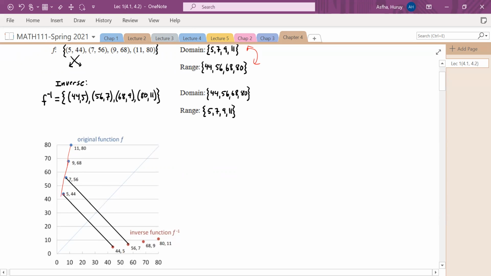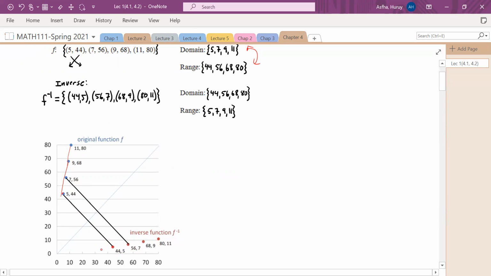And now, if we interchange these two numbers, 5,44, if I bring 44 first and 5 next, then this point will come to this point if we switch the two numbers. So it becomes 44,5. And 7,56 becomes 56,7, and the point goes to this point, and so on and so forth.